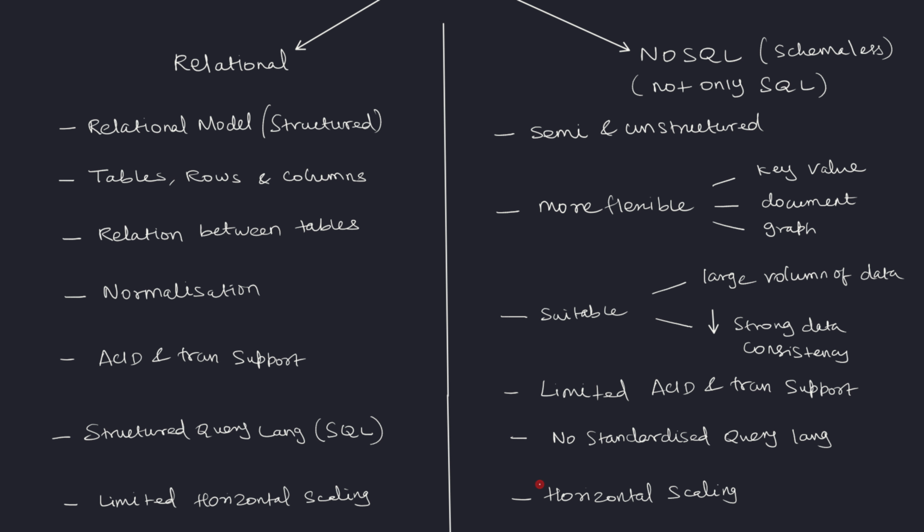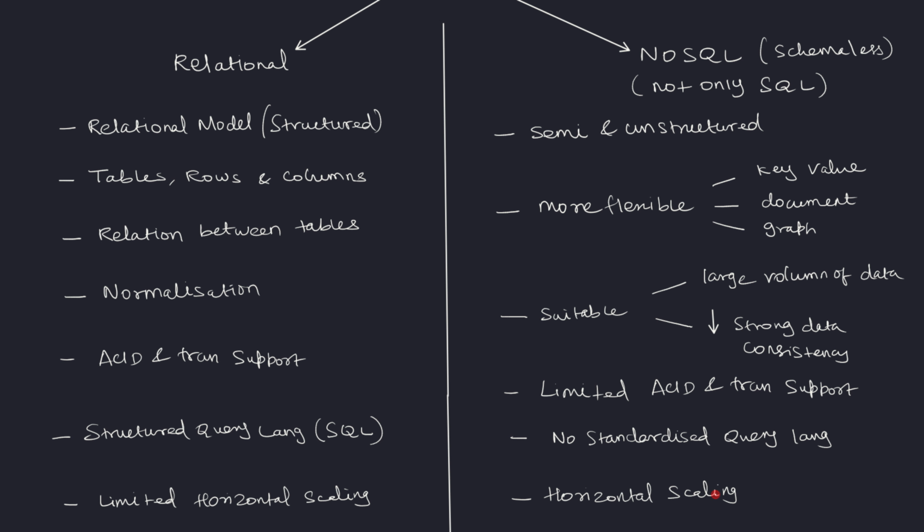And NoSQL databases come with excellent support for horizontal scaling, because they are meant to handle large volumes of data, and horizontal scaling is one of the key things required to support that. Because it handles horizontal scaling, the strong consistency was lowered.